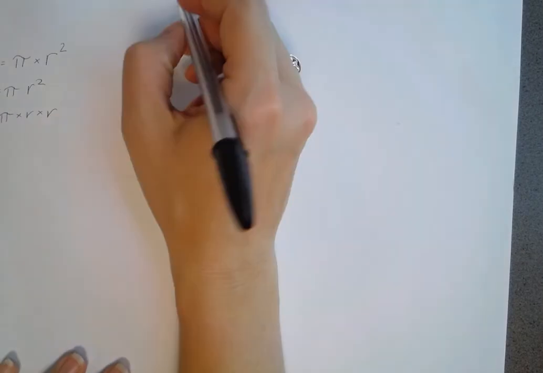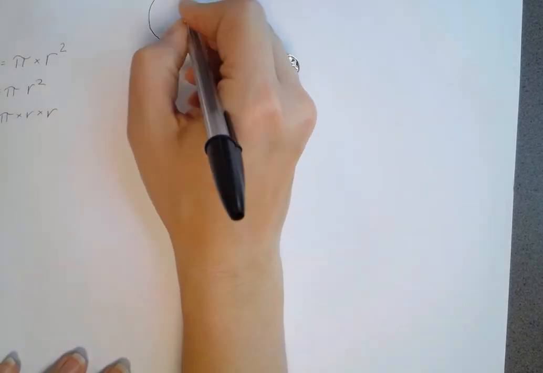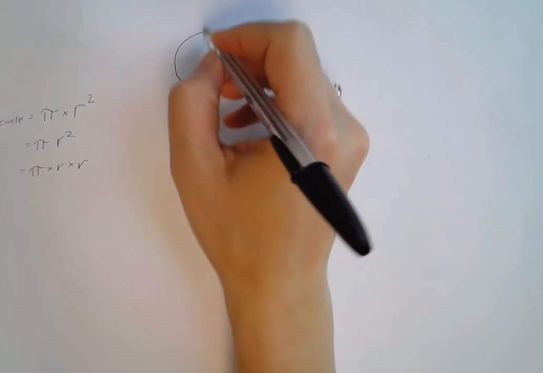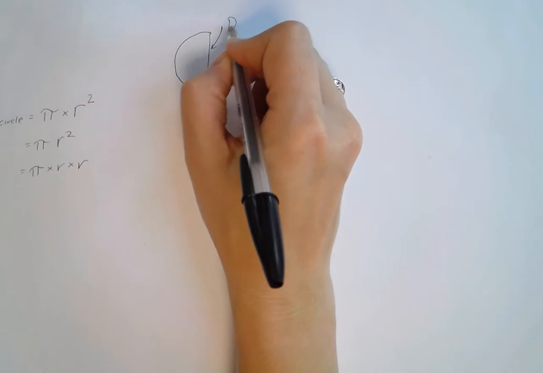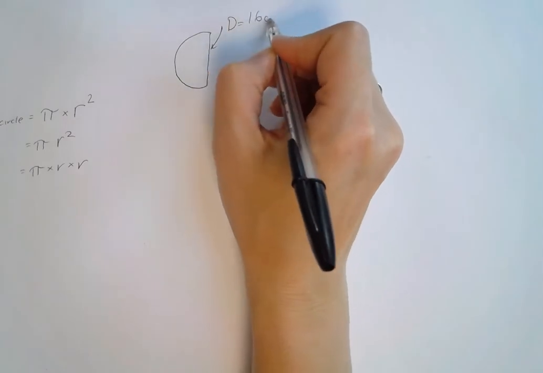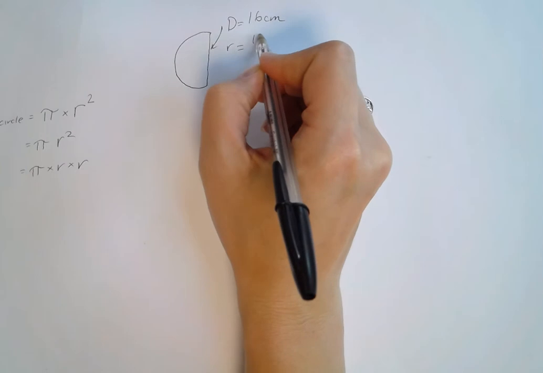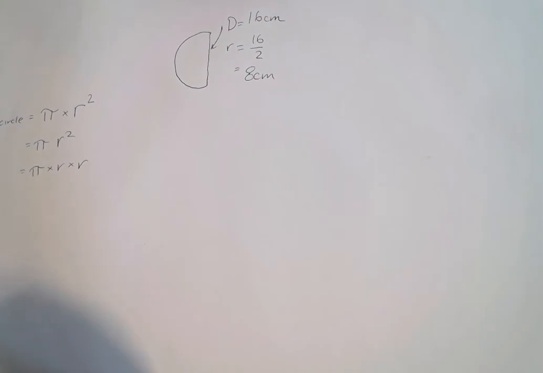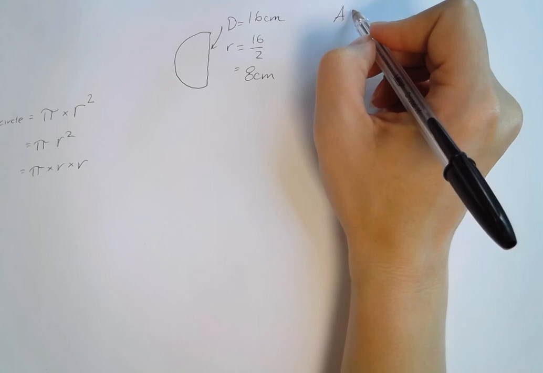But I want you to start thinking about making this a little bit harder, because we're not always going to get a full circle. Now if I gave you a nice perfect half circle, that'd be really, really easy, wouldn't it? If that's a half circle and I told you that our diameter is equal to 16 centimeters, we know then our radius is 16 divided by 2, which is 8 centimeters, and you could actually just calculate the entire area.